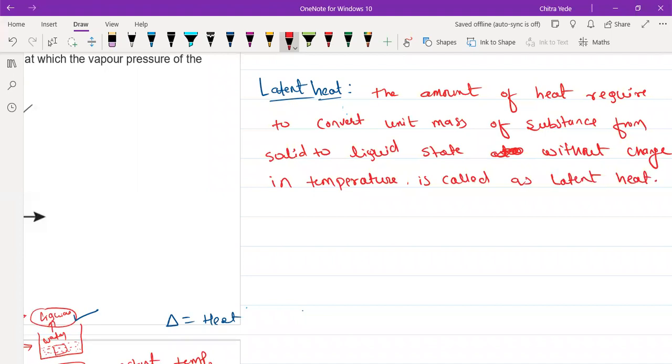It's called what? Latent heat. Understood? Easy?